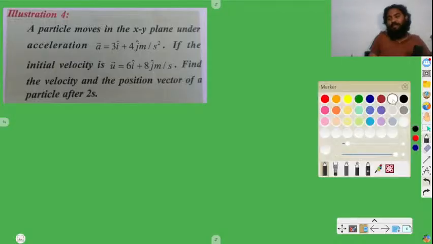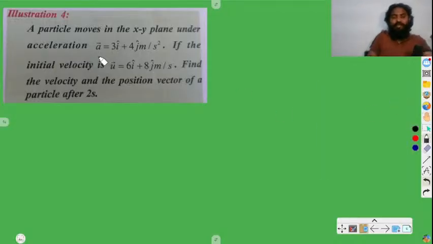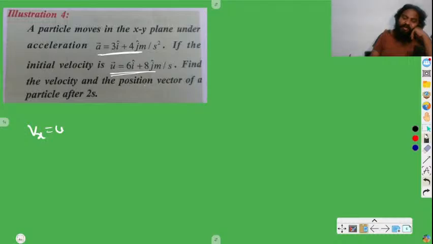So here they gave this acceleration vector and this velocity vector, and they are asking to find the velocity and position vector of the particle. Both vectors you have to find. First we will find the velocity vector. You know very well vx is equal to, we'll directly use vector form.